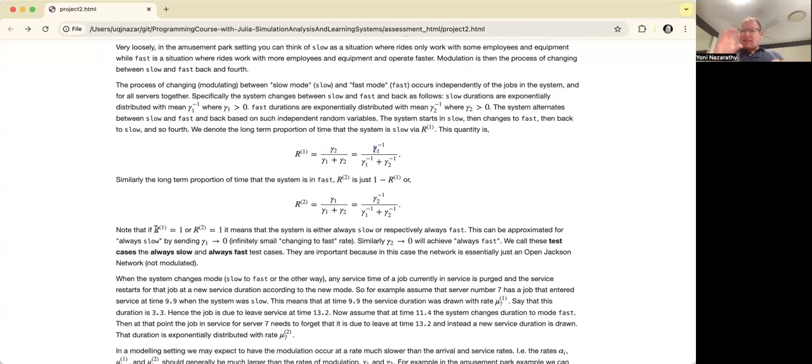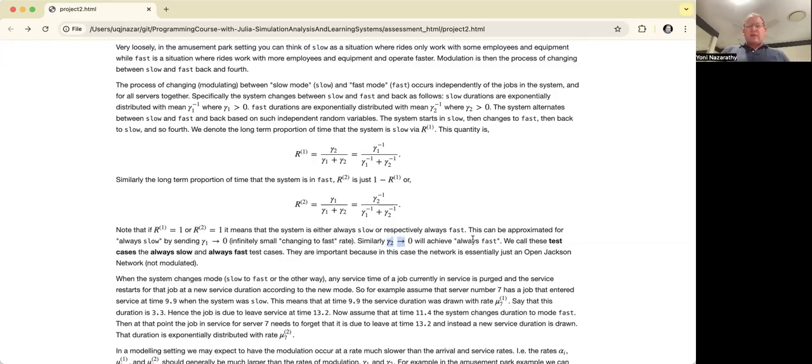Now, if we had the parameters such that R1 was 1, so the system was just slow, or R2 was 1, the system was always fast, or maybe not exactly 1 but close to 1, in both cases, you can get these cases by sending gamma 1 to be 0, or very close to 0, like 10 to the minus 8 or something like that, meaning you hardly ever leave slow mode. Or if gamma 2 is 0, you hardly ever leave fast mode. So the system is stuck in either one of two modes. Okay?